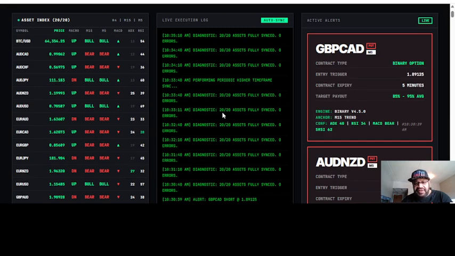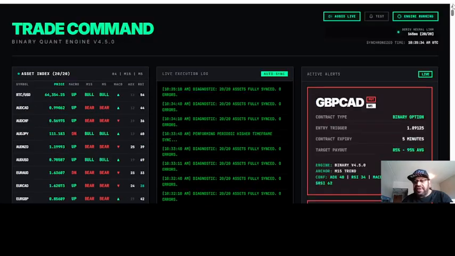So everything is working correctly. The diagnostic here is saying 20 out of 20 assets fully synced, and it does a periodic higher time frame sync as well. To the right here is also a latency feature built in. The engine is running at 215 milliseconds currently.